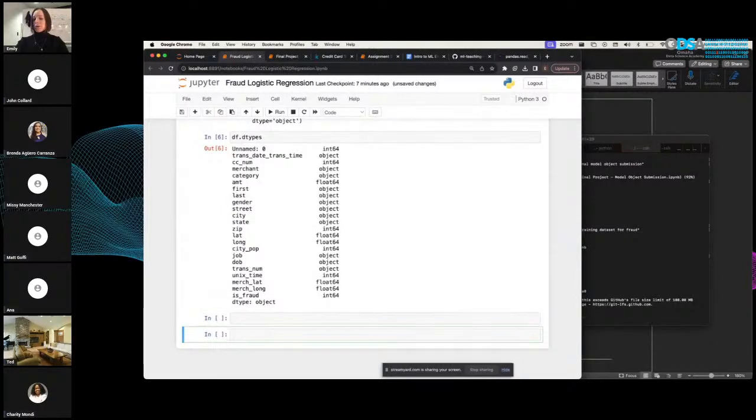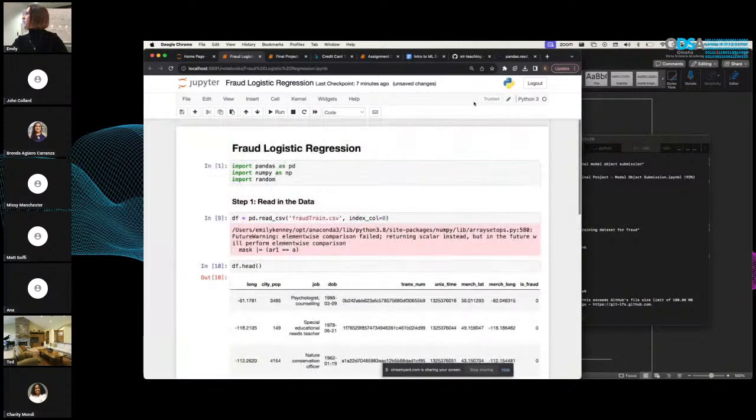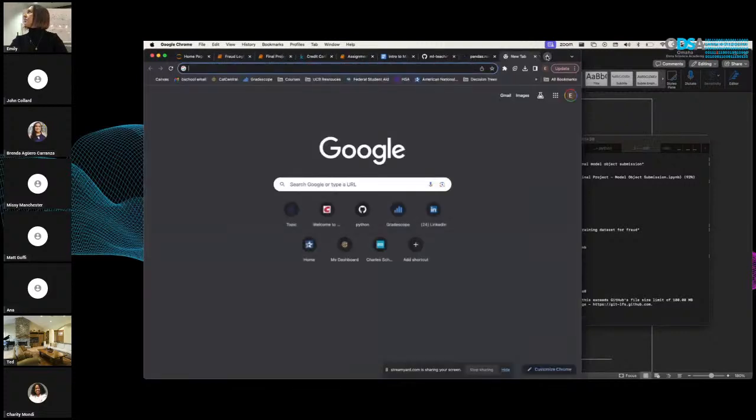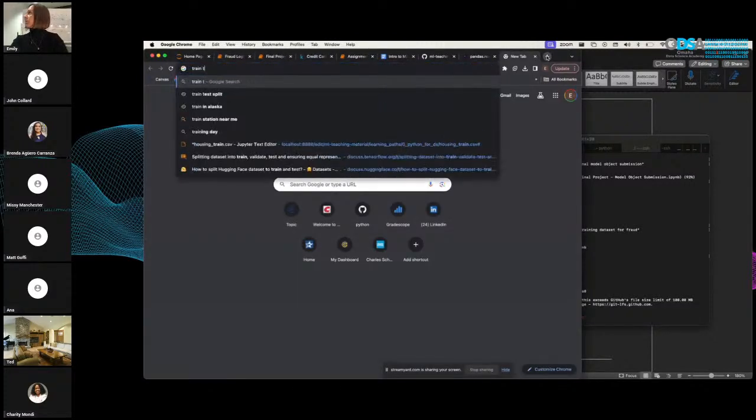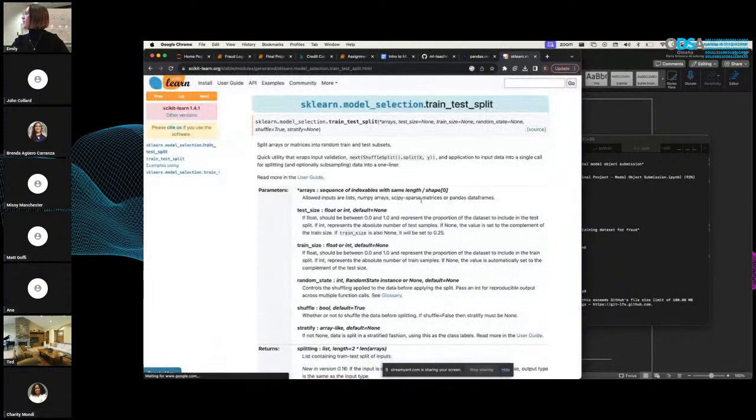So maybe we want to split into train. There's a lot here, so we can do train, validate, test. And that's going to be something along the lines of, we're going to want to import train_test_split from sklearn. We'll figure out how to do that.